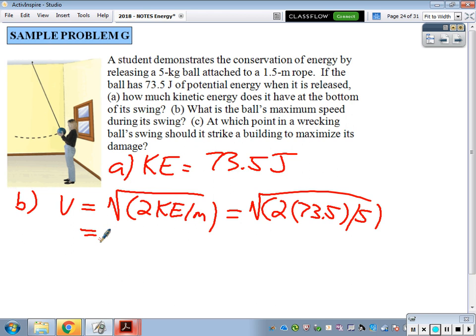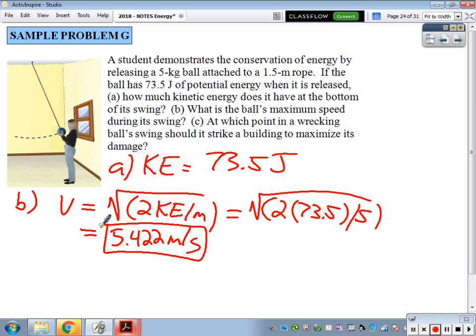Alex, when you got an answer, let me know. 5.422 meters per second. How many of you, by show of hands, would agree with Alex's response? We certainly should. Roughly 5.5 meters per second for that.